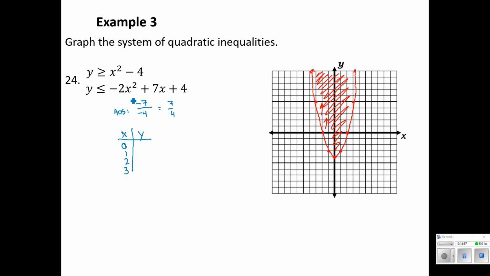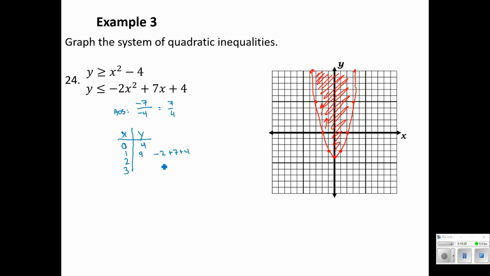If I plug in a 0, I end up with a y value of 4. If I plug in a 1, I get negative 2 plus 7 plus 4. So negative 2 plus 11, that's positive 9. That can't be right. No, it can be right.